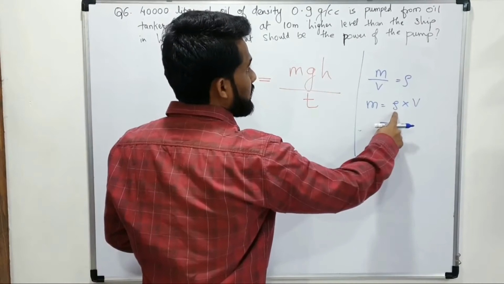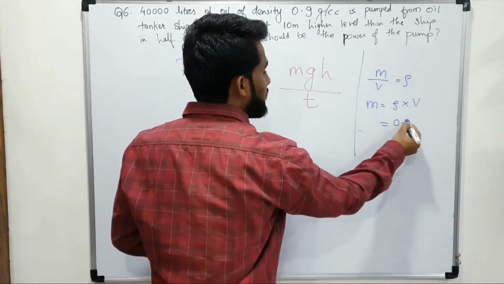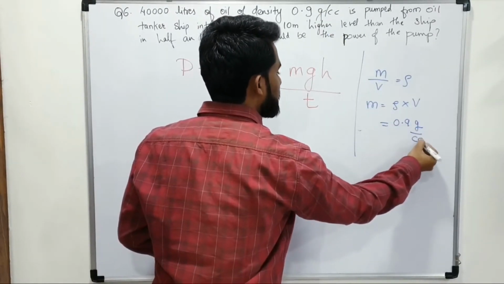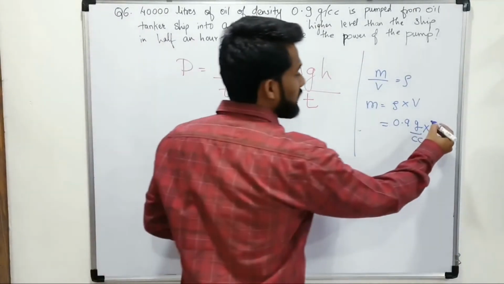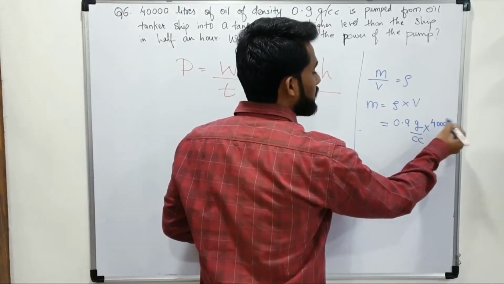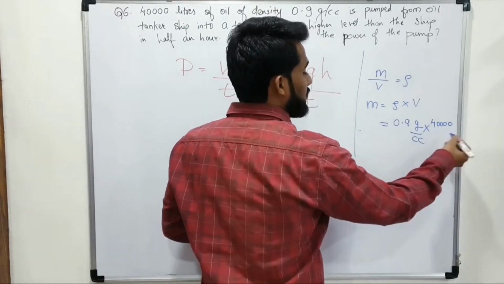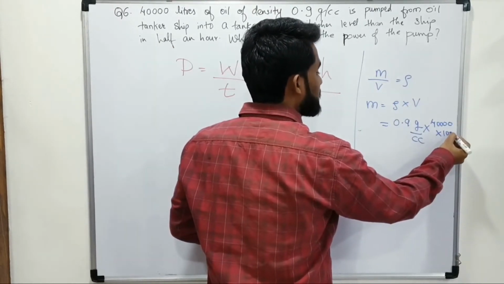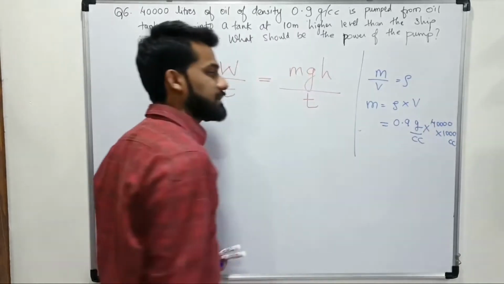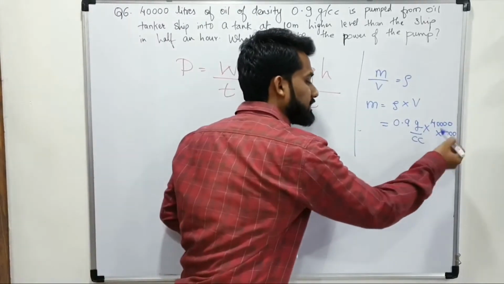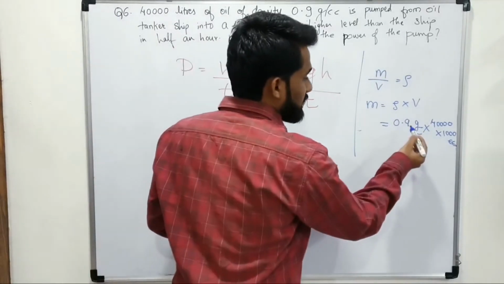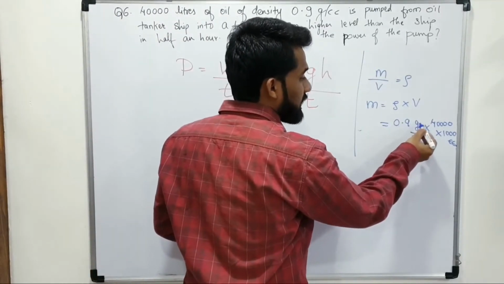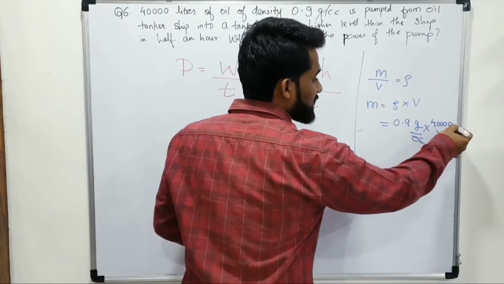So density is 0.9 gram per cc into the volume, which is 40,000 liters. One liter is 1000 cc. So this cc, centimeter cube, will cancel in the multiplication, and it is 0.9 gram into 40,000 into 1000.